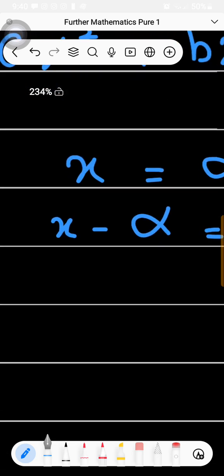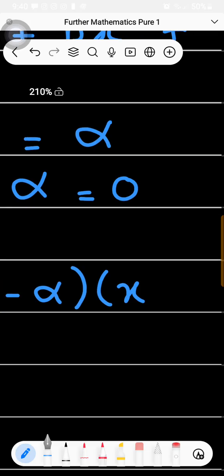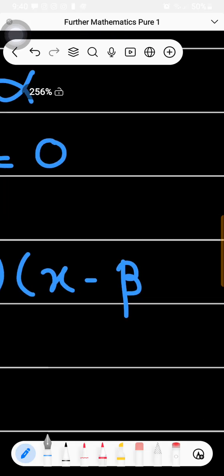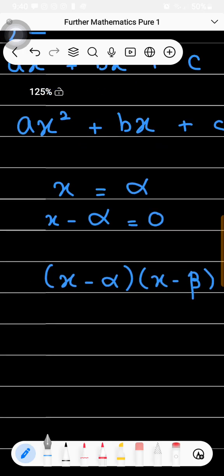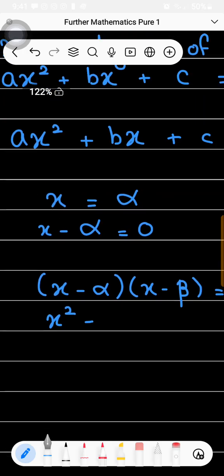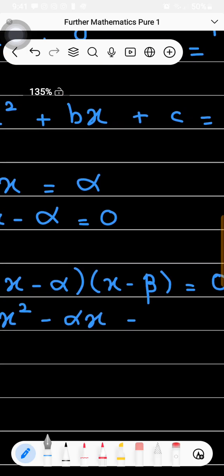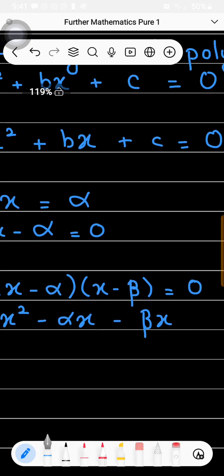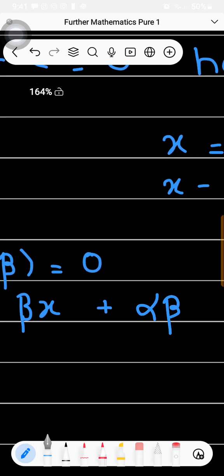So now we will merge both of them. X minus alpha multiplied by x minus beta equal to 0, and then we expand: x square minus alpha x minus beta x plus alpha beta equal to 0.